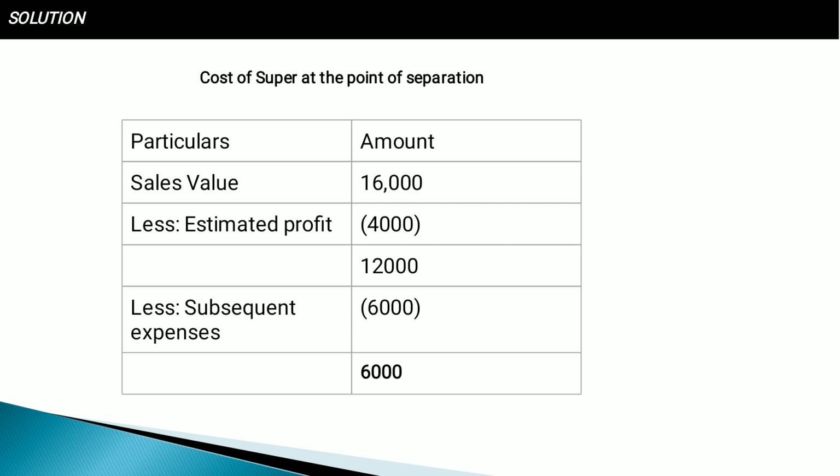Cost of super at the point of separation. Here the particulars and amount. Sales value is 60,000, less estimated profit 4,000, we will minus from 60,000 and get 12,000, and less subsequent expenses 6,000, we will minus from 12,000, and the amount is 6,000.